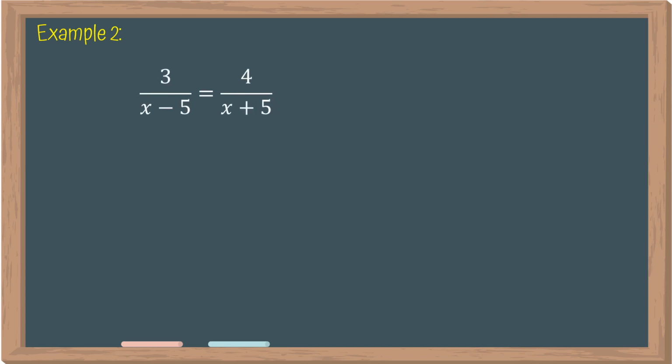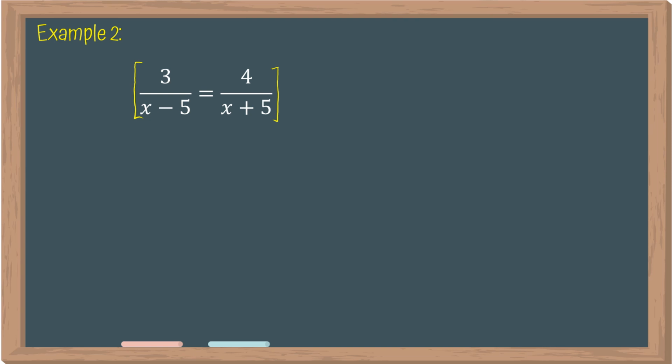Okay, so let us have another example. So for this one, we're going to have 3 over x minus 5 is equal to 4 over x plus 5. So again, we're going to eliminate the denominators by multiplying both sides by the LCD. So ano kaya yung LCD ng ating denominators in this case?